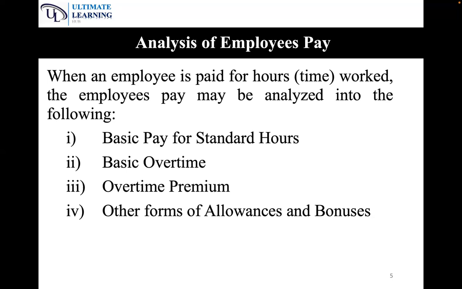That is what we call standard hours the employee is supposed to work. So your contract may state that you should be working from 8 to 4 p.m. every day. Those are standard hours. What you are paid for those hours is known as basic pay for standard hours.